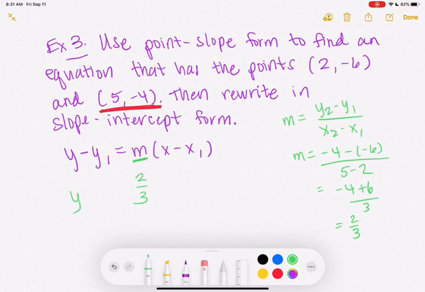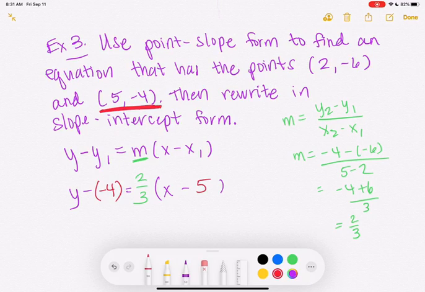And for my point, I told you that I was going to use that 5, -4. So let me write that in. So the y is -4. So I have y minus -4 equals my slope is 2/3, x minus the x1, which is 5.